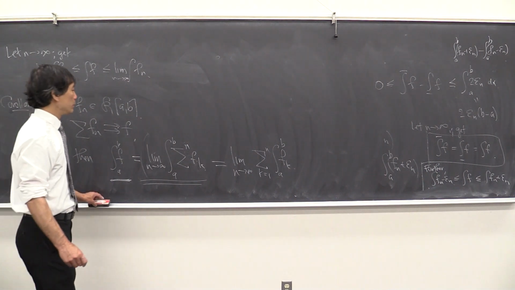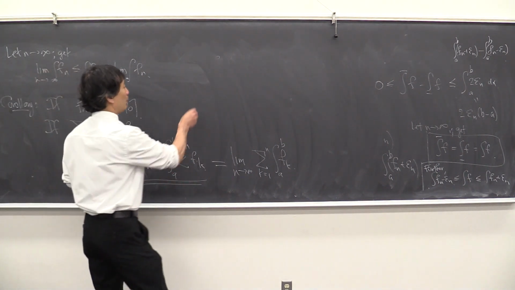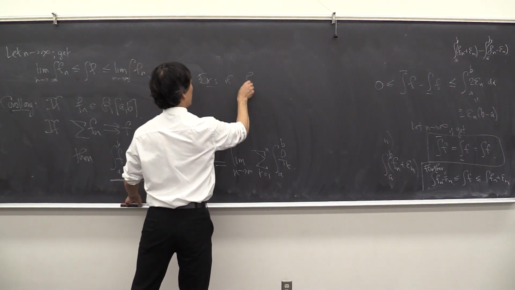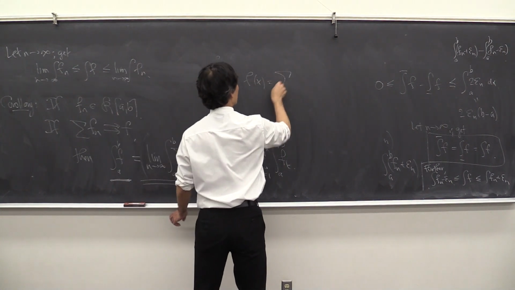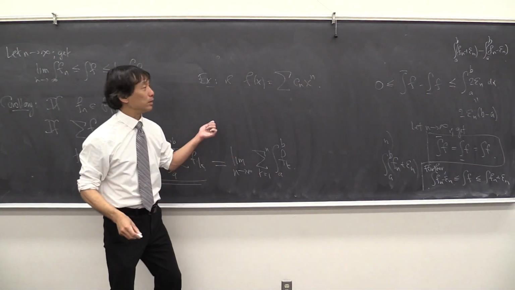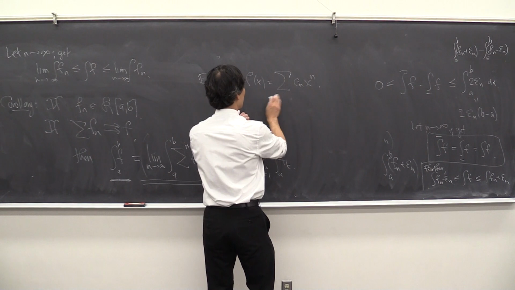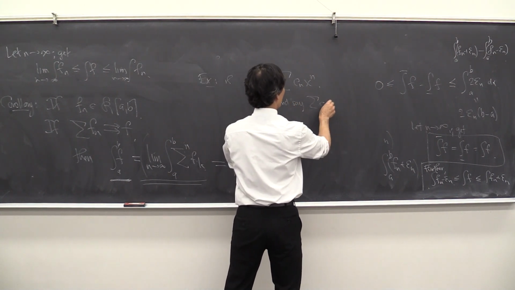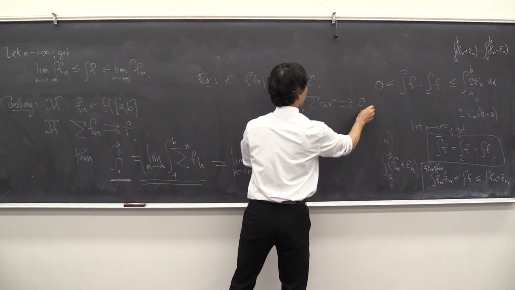So for example, suppose f of x is some power series, and let's say that the power series converges uniformly to f.